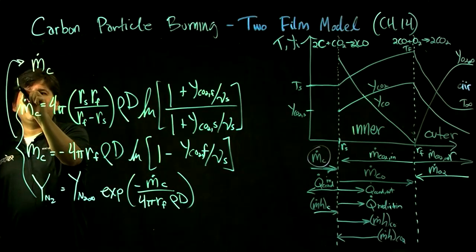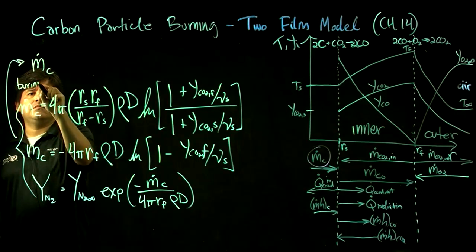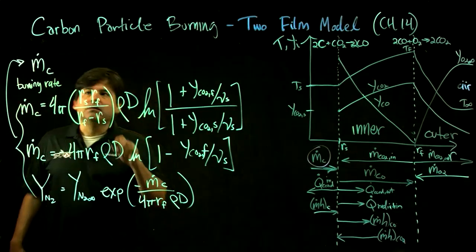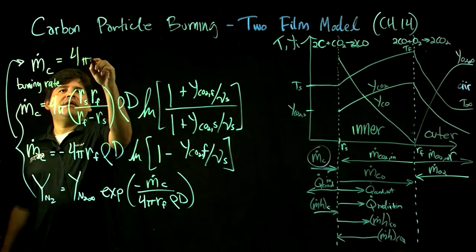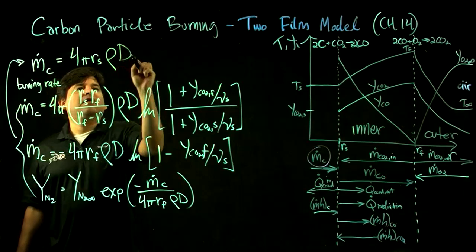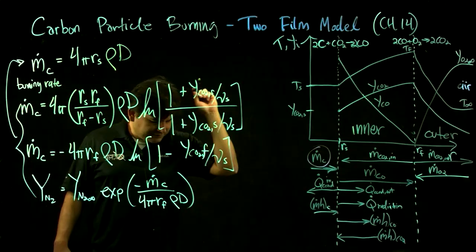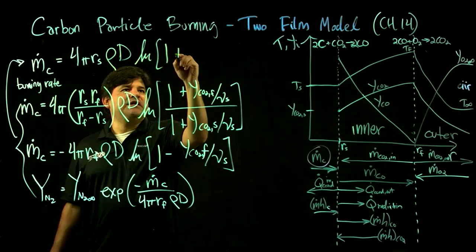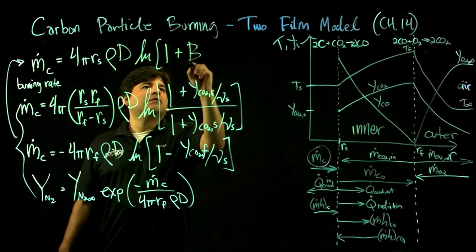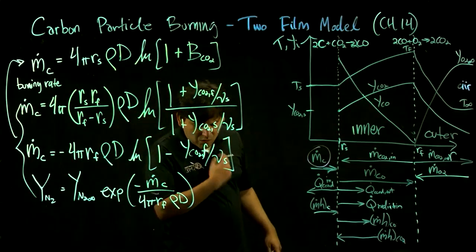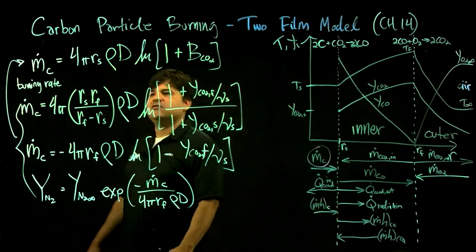Let's call this the burning rate. In terms of all this analysis, it's dependent on the radial position, the diffusion behavior of the mixture, and this expression here, this B number. Some B transport number.